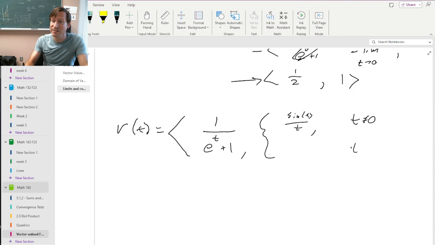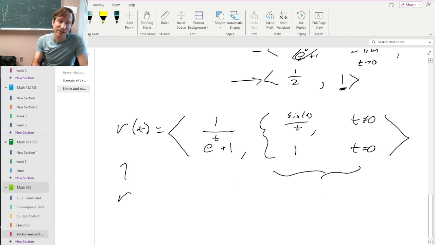But if t is 0, to make it continuous, we have to choose the value 1. So our y-coordinate function turns out to be a piecewise function like this. Now this r of t is continuous for all real valued t's.